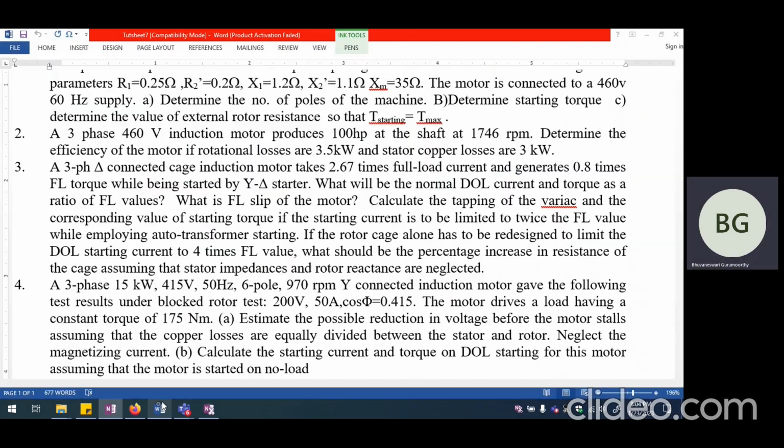Now the last subdivision being asked is, if the rotor cage alone has to be redesigned to limit the direct online starting current to 4 times the full load value, what should be the percentage increase in the resistance of the cage, assuming that stator impedances and rotor reactance are neglected?